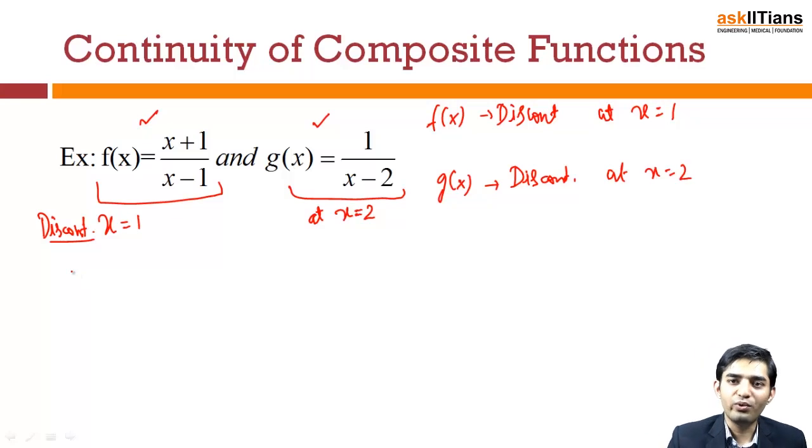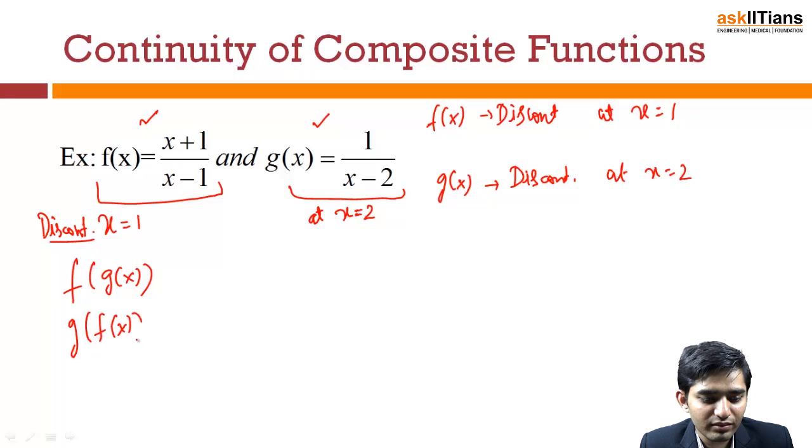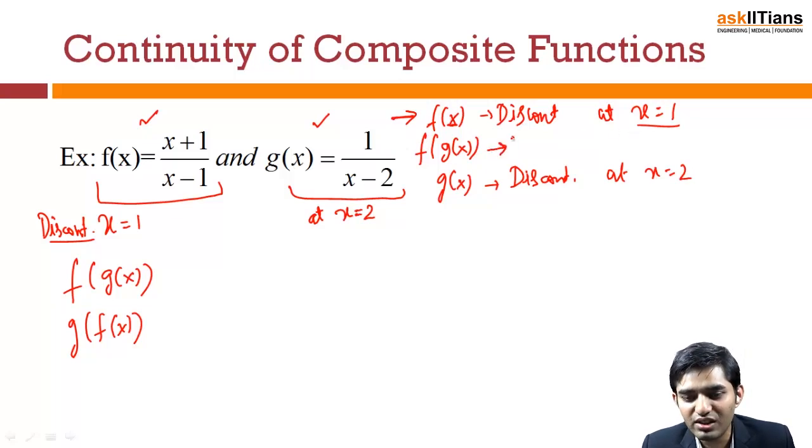Now I want to check where f(g(x)) is discontinuous and g(f(x)) is discontinuous. I want to find out the points of discontinuities of f(g(x)) and g(f(x)). So f(x) is discontinuous at x equal to 1. So f(g(x)) will be discontinuous, again in this statement just replacing x by g(x), at g(x) equal to 1.